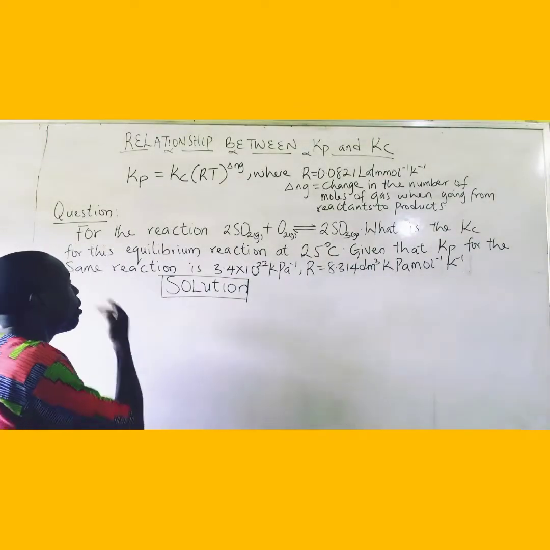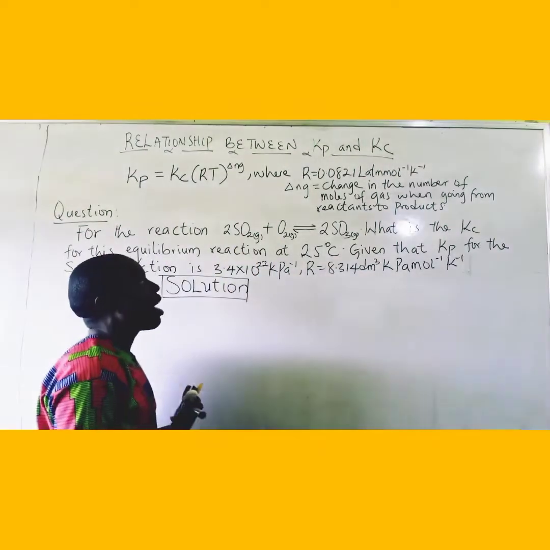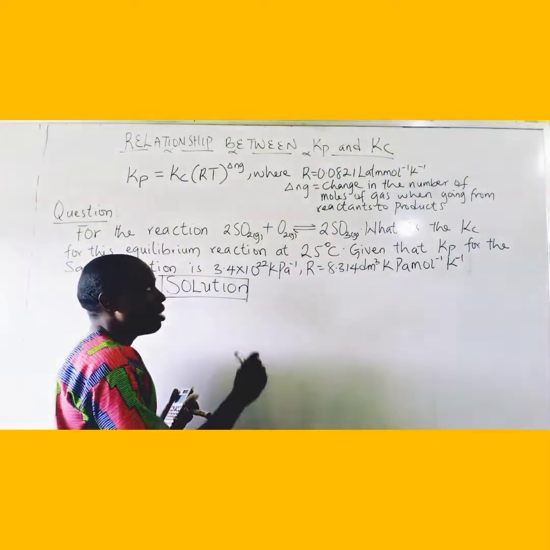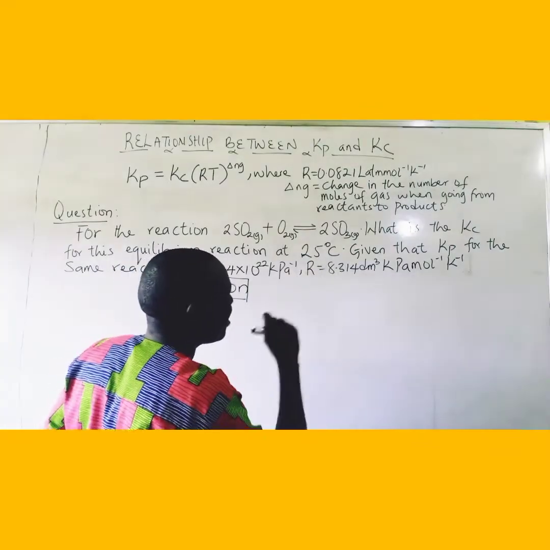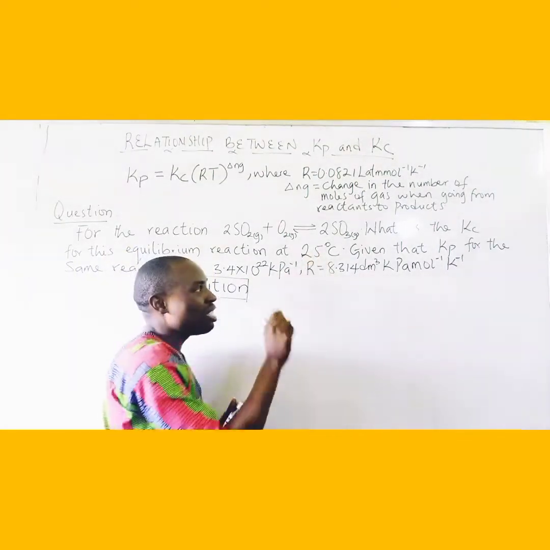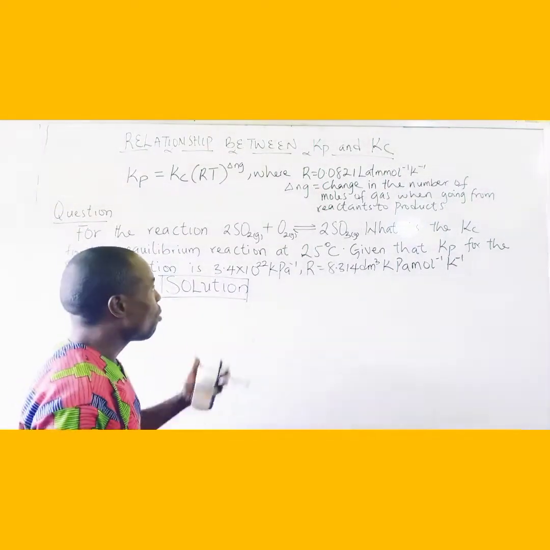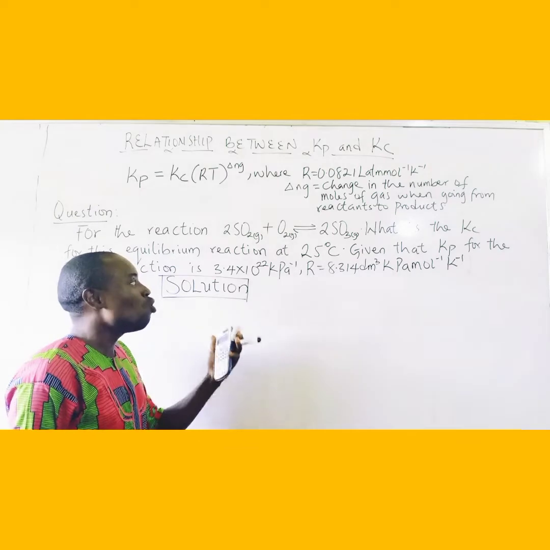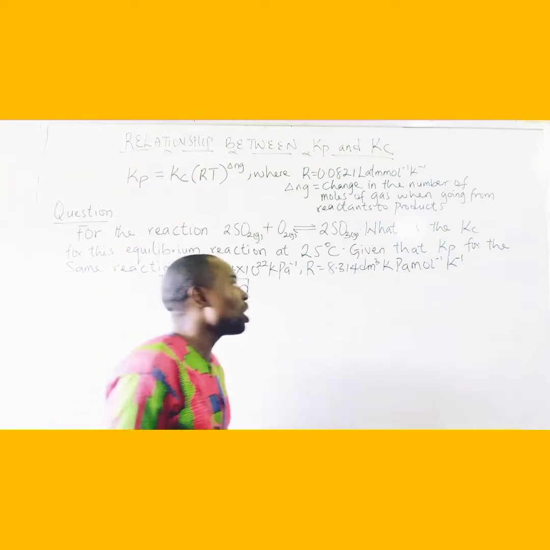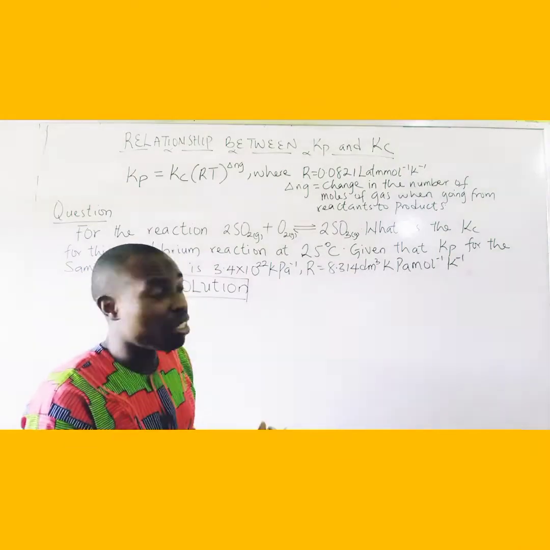The question says, for the reaction given to us here, which is sulfur dioxide with oxygen to give sulfur trioxide, what is the Kc for this equilibrium reaction at 25 degrees Celsius, given that Kp for the same reaction is 3.4 times 10 raised to 22 per kilopascal, and your R is 8.314 cubic decimeter kilopascal per mole per Kelvin. It's as easy as that.